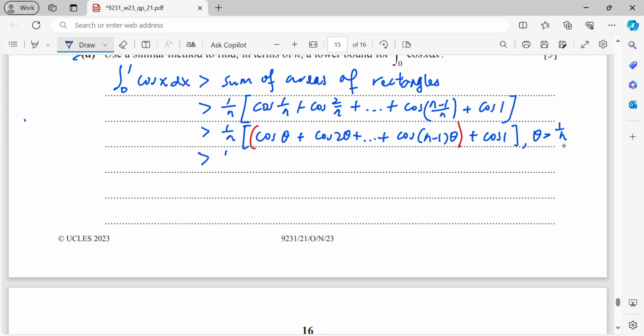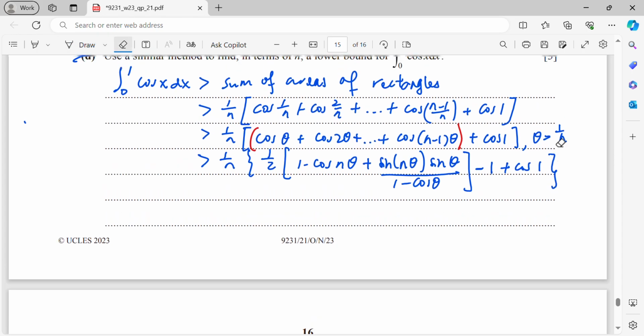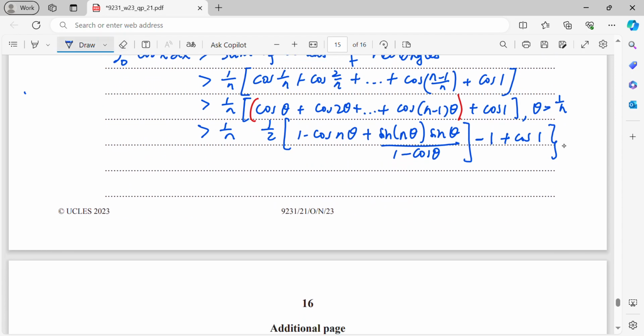So here, greater than 1 over n, it will be half of (1 minus cos n theta plus sine n theta) over (1 minus cos theta). As I have mentioned just now, you need to minus 1, so close the bracket before you minus 1. All this will be for the red bracket, and then you plus cos 1 at the back. Okay, this will be your working.